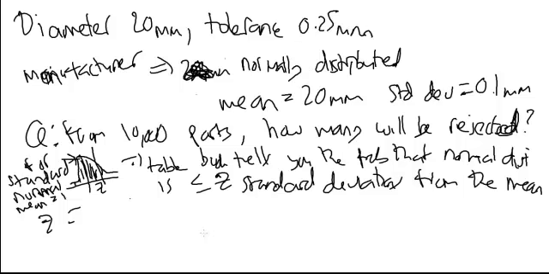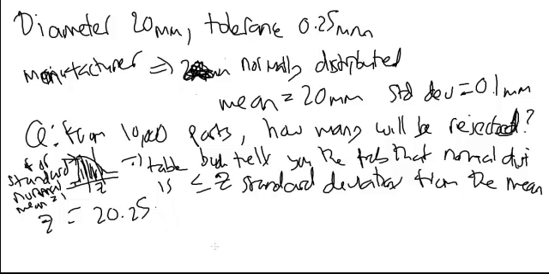So first of all, we work out z. I'm interested in how many things are within 0.25 millimeters of 20. So z is 20.25, because if it's more than that, then it's rejected.